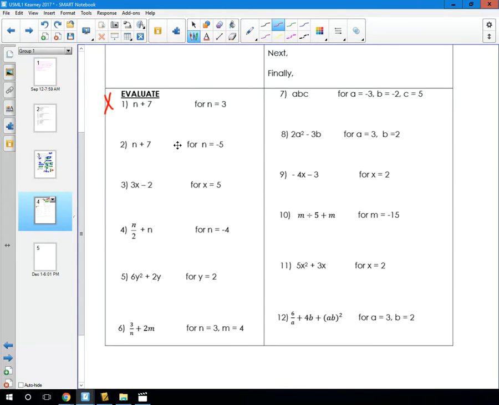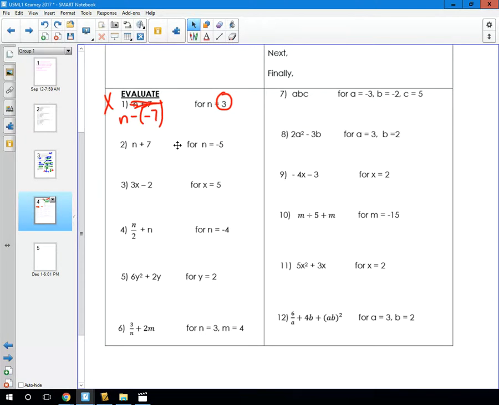So that means we are going to take the 3 and we're going to plug it in. And actually, guys, that's different than what you have on your sheet. So you should have n minus negative 7. So let me adjust that. This should be n minus negative 7.